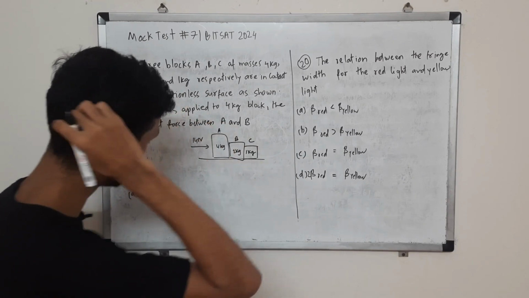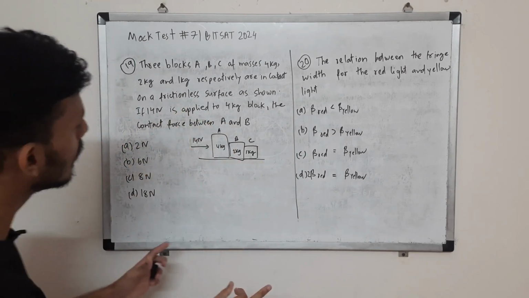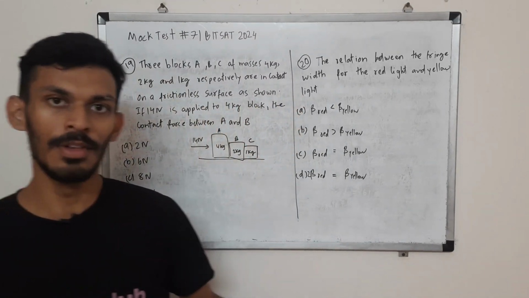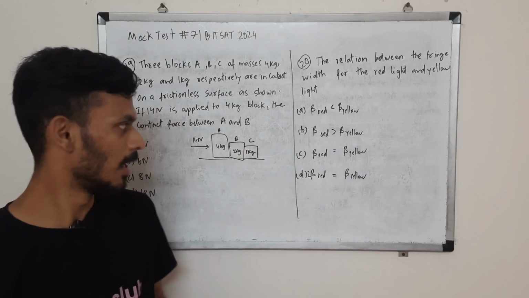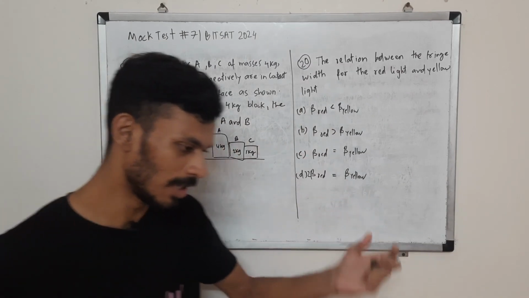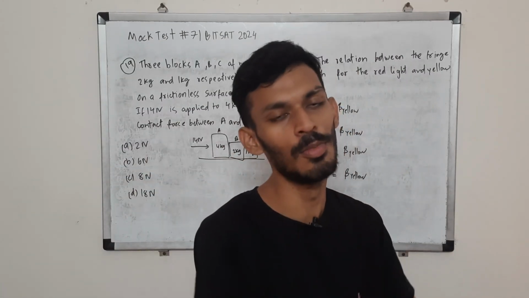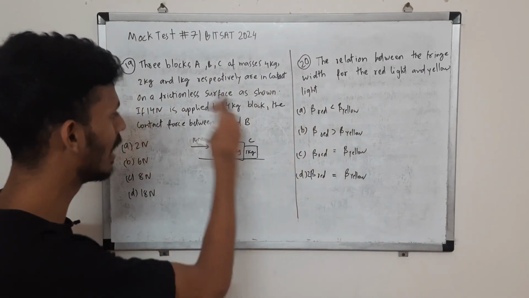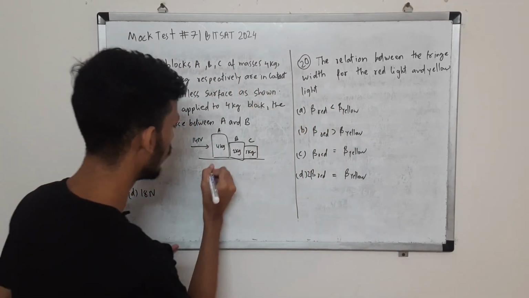Our approach is going to be simple. You can see it is a constrained motion, right? When you apply a force on this block A, A will apply on B, B will apply on C, and as a result all of them will move with the same acceleration. So we'll treat it as a system and find the acceleration.